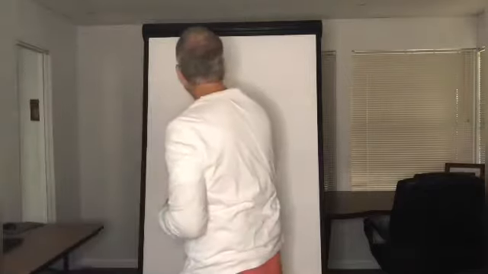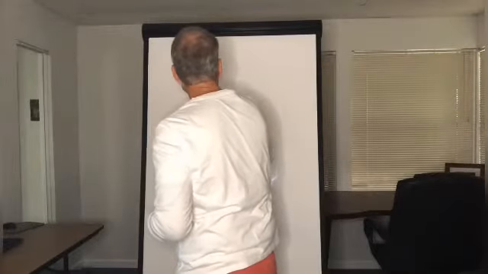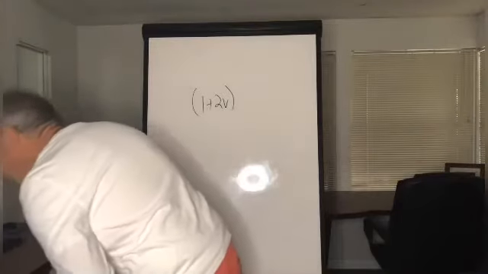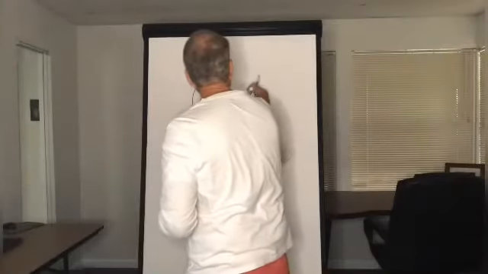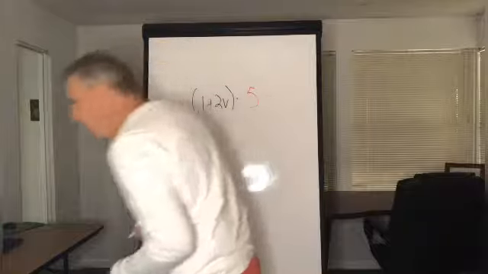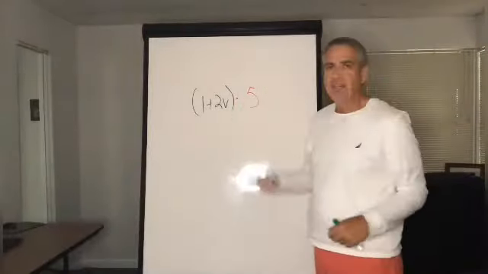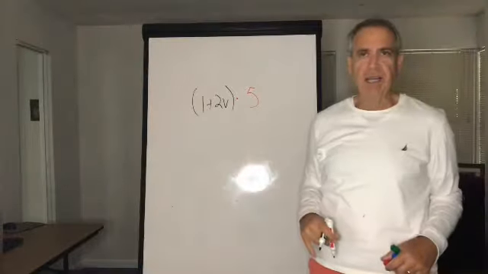All right, so I'm on number 17, 1 plus 2v, and then it's, okay. Remember that little dot means multiplication in algebra.